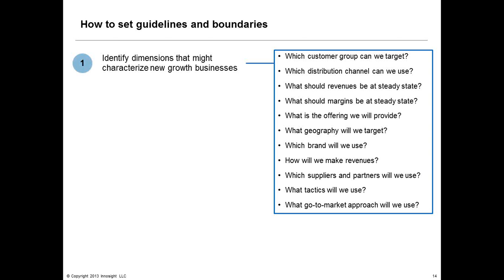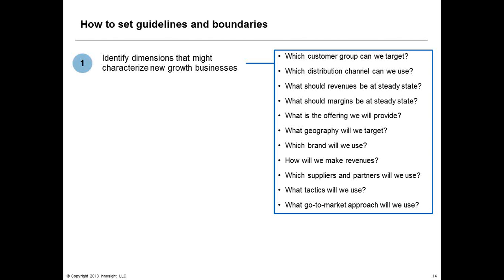How are we willing to use our existing brands? How do we make money? What's the profit formula? What types of partners and suppliers are we going to use? What tactics? How are we going to take things to market? So these are questions you would answer about any particular new growth opportunity, and you might emphasize different questions within this list or add some to the list depending on what type of business you're in.